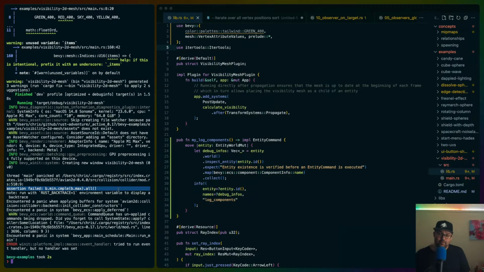One thing that I've noticed is that a lot of people don't have the built up pattern of, hey, I saw this, I read the error message, it's at line 510, column 9, in the source collision collider mod file. I'm going to go to the Avian repo, make sure I'm on the right branch, go to that file and check that line.